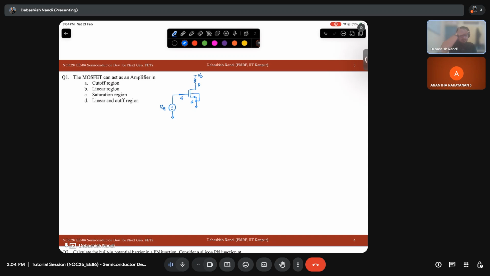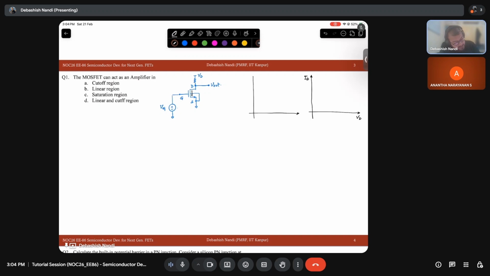Okay. So how will I get the amplification? Whatever voltage I give here will get at this node, or how does this work? So let's say this is my output node, right? So basically, if I draw the input and output characteristics, let's say this is my VD versus ID.